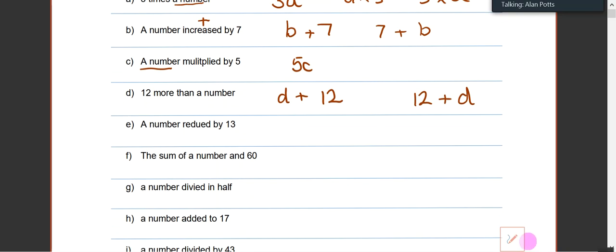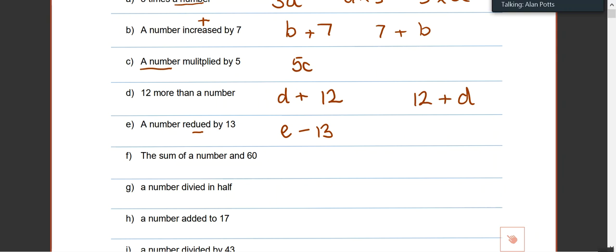A number reduced, I should say reduced, is another one of my spelling mistakes. Reduced by, reducing means to subtract. So, Maddie? So I'm going to do E minus 13. What about 13 minus E? No. Good. Not meaning the same thing, does it? Because if you subtract 6 from 5, that's not the same thing as 6 minus 5.